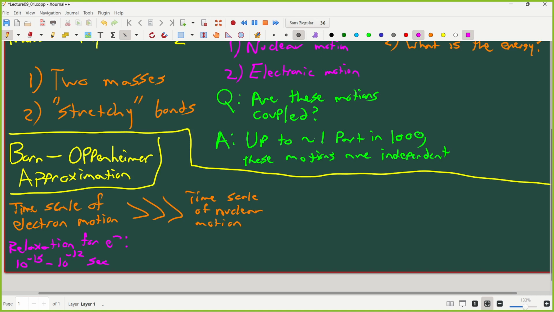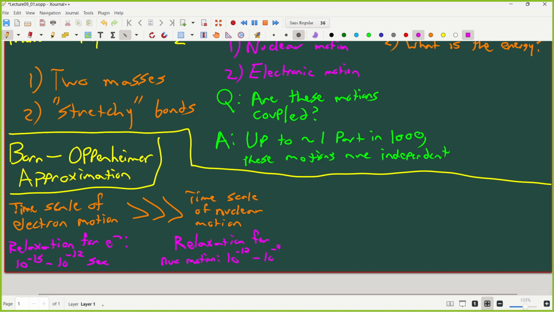And when you stretch a molecule and you have it vibrate, which means the nuclei are moving, the time scale for that is anywhere between, let's say, 10 to the minus 12 to 10 to the minus 9 seconds.